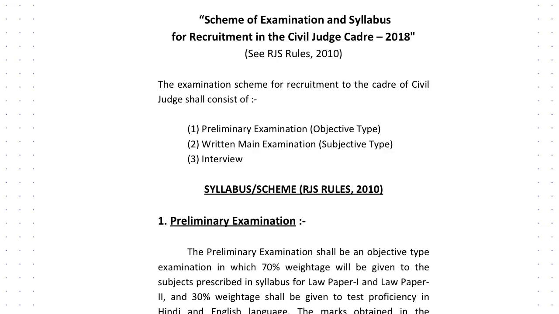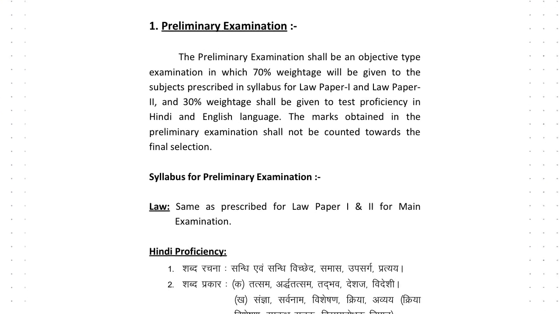So on your screen you can see the notification for Rajasthan Judiciary, and if you're writing the mains exam, you've probably cleared the preliminary exam, or you expect to clear it.